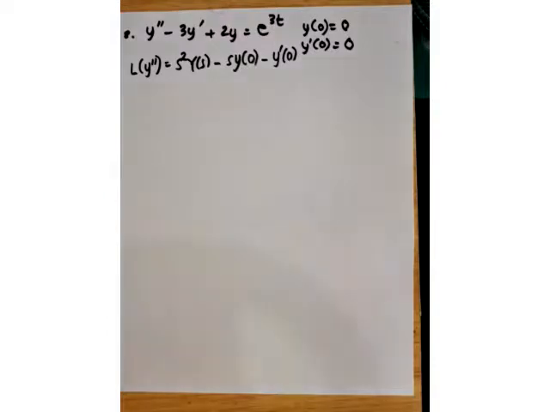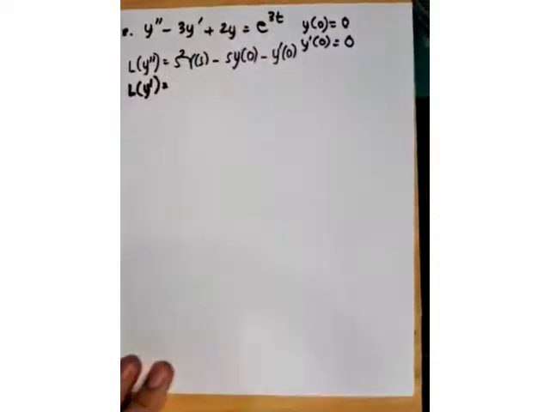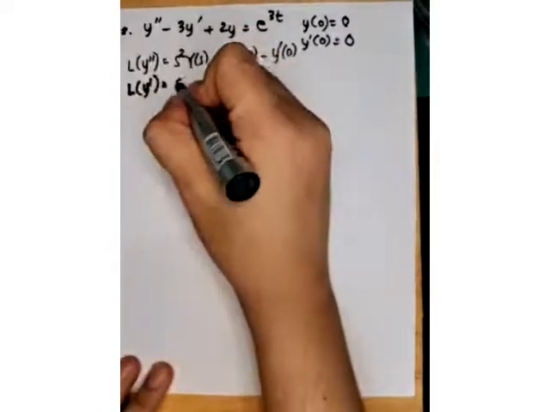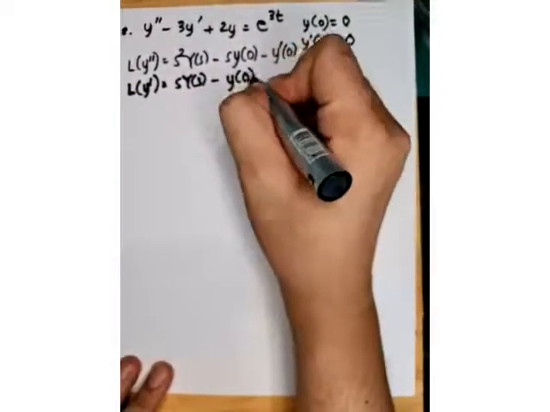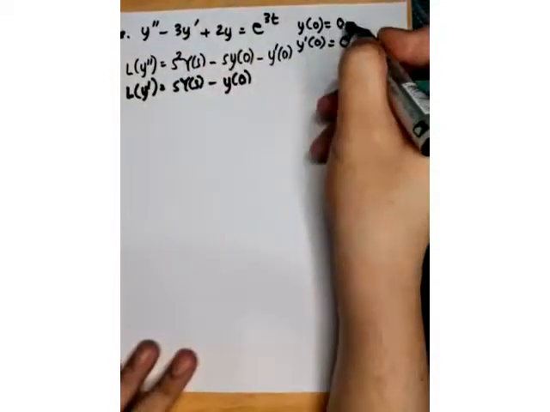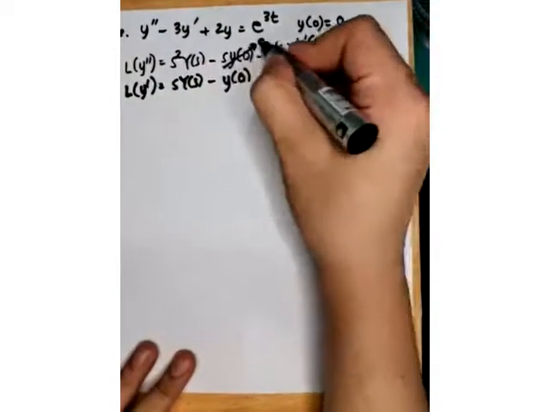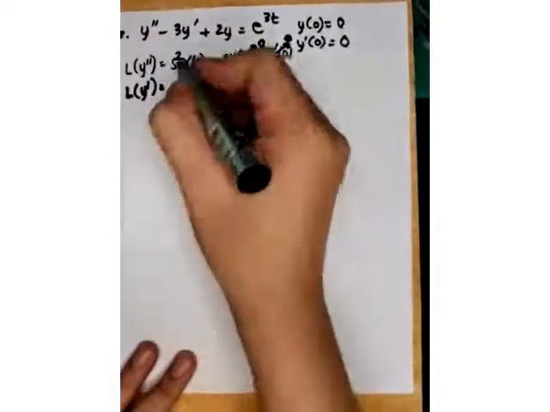Okay, next. How about the Laplace transform of y prime? So y prime is s of y of s minus y when x is 0. So y when x is 0. Okay? So based dito ang value ng y sub 0 is 0. So this is 0, this is also 0, and this is also 0. So therefore, we will substitute it.